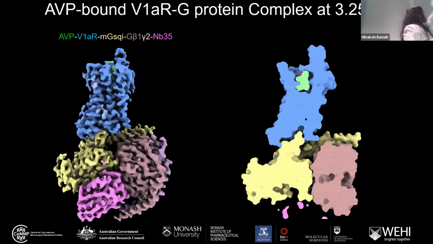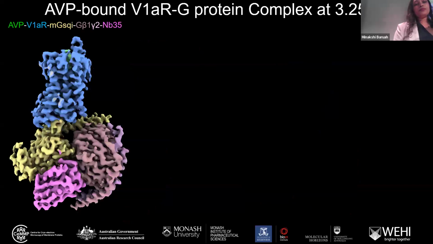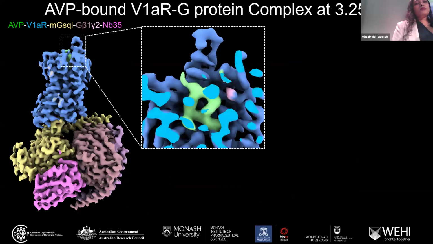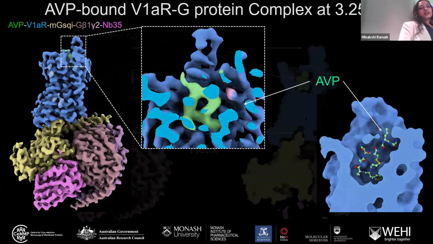Here we can see in our structure both G proteins bound, nanobody 6 bound, and in the side cutout here I'm showing the ECL2, how the ligand is occupied, and how the G alpha 5 helix of the G protein is inserting into the intracellular crevice of the receptor. Now here I'm showing the ligand density and how the ligand is positioned in the binding pocket.